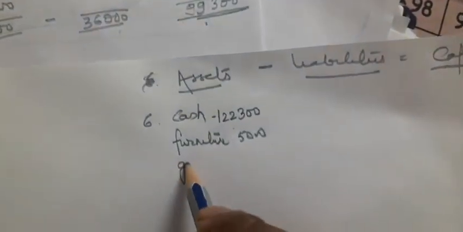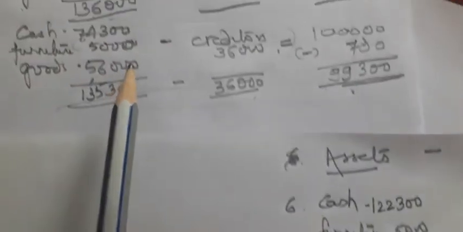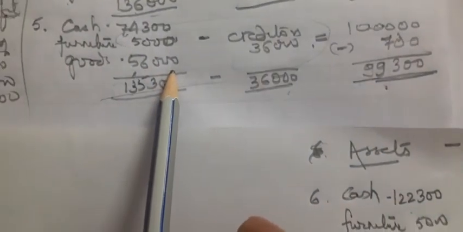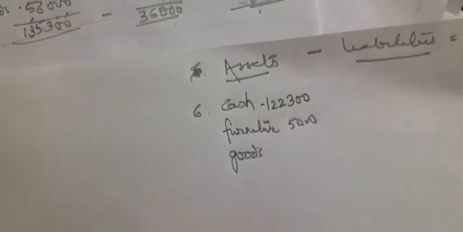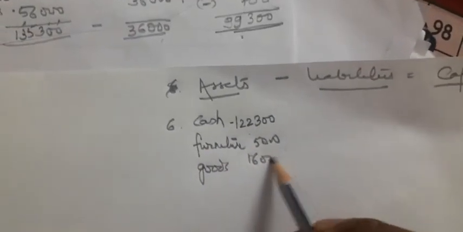Now goods. We had goods of rupees 56,000. Out of these goods costing 40,000 were sold. So total goods that will remain with us will be 56,000 minus 40,000, that is 16,000 rupees.